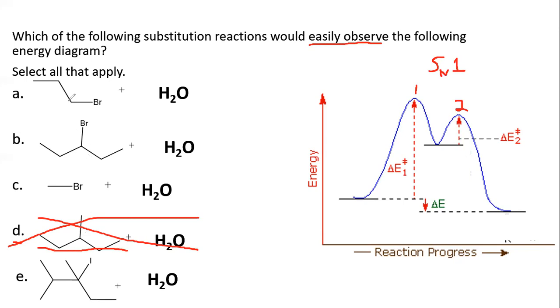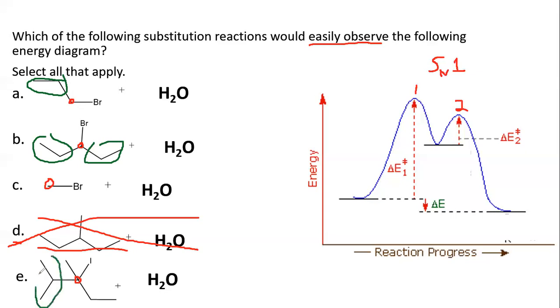Now from A, B, C, and E, we need to choose the one that is the most substituted alkyl halide. And so if we look here at the carbon attached to the halide, we'll see which one has the most carbon sticks off of it. And so we see that the first one just has one group. The second one has two groups of carbon sticks. The third one has no groups of carbon sticks.